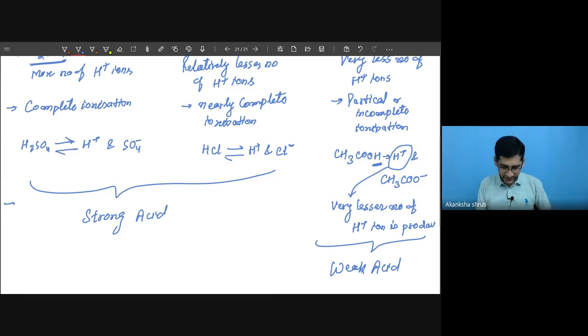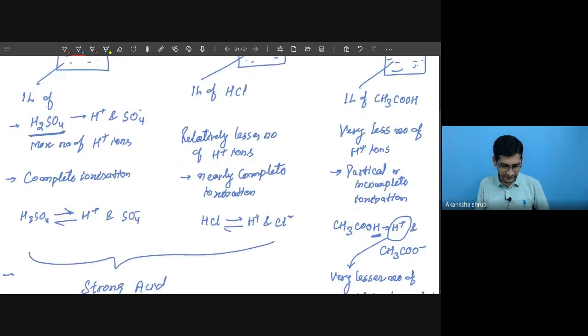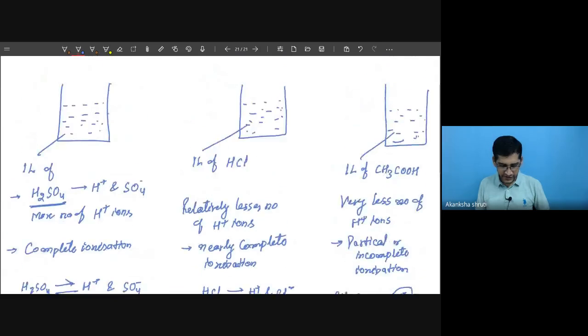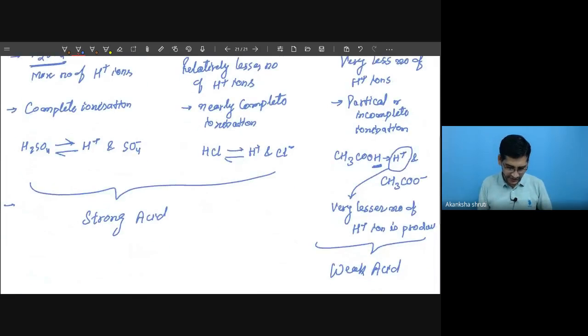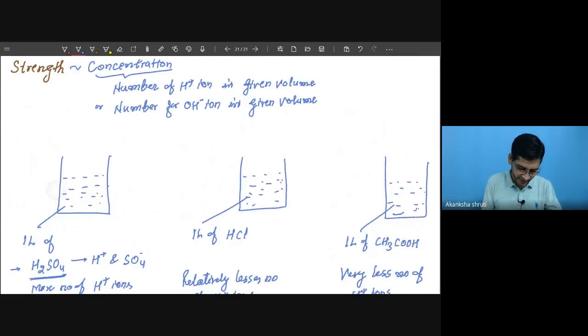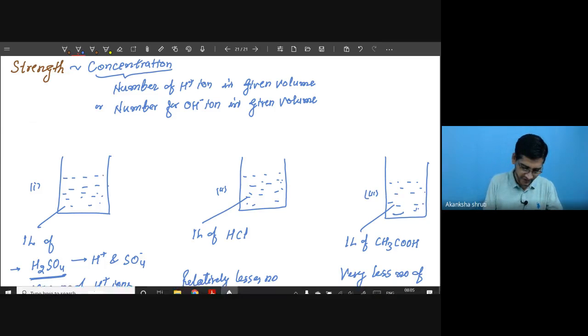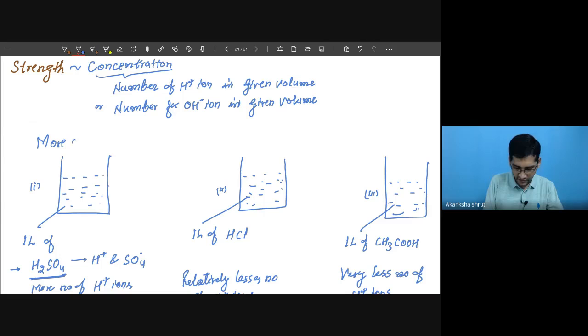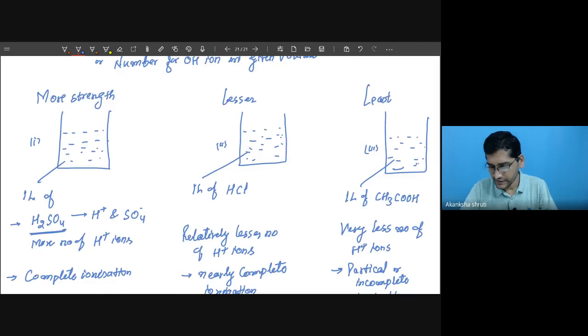Now, even the strong acids have slight variation in their ionization. So how is that? Complete ionization means more strength. The first one has more strength, the second one has lesser strength, and this has the least strength.